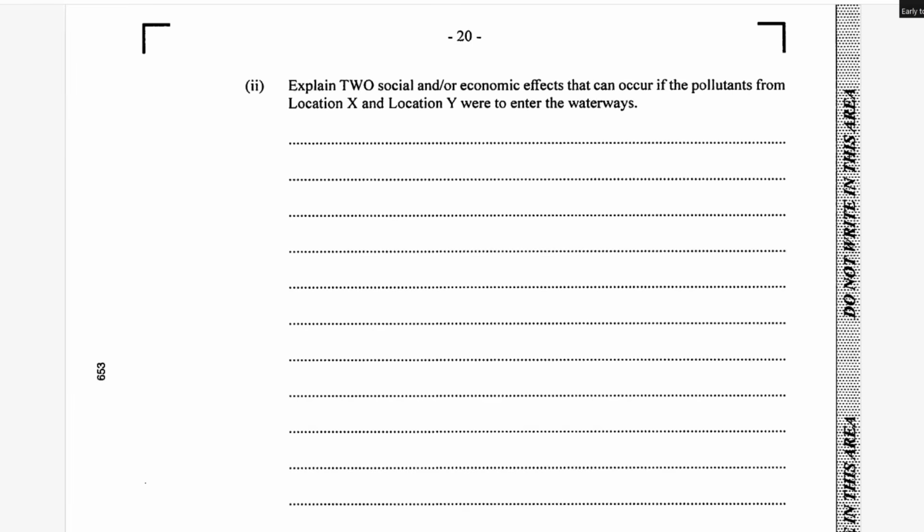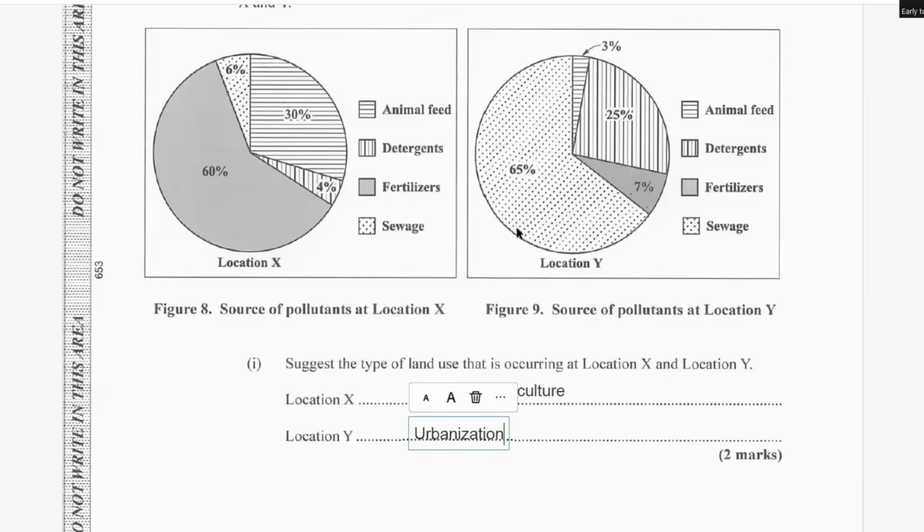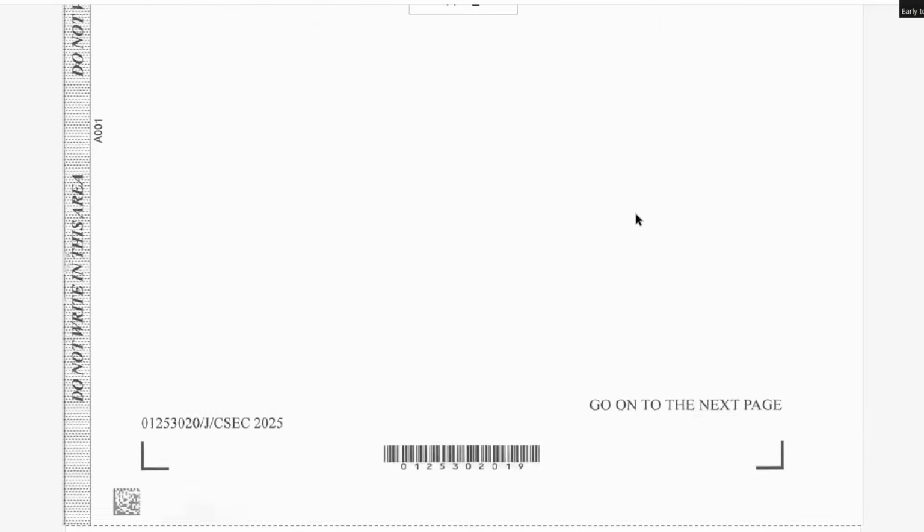Explain 2 social or economic effects that can occur if the pollutants from location X and Y enter the waterways. So the major pollutants we see are fertilizer, animal feed, sewage and detergents entering the waterways.